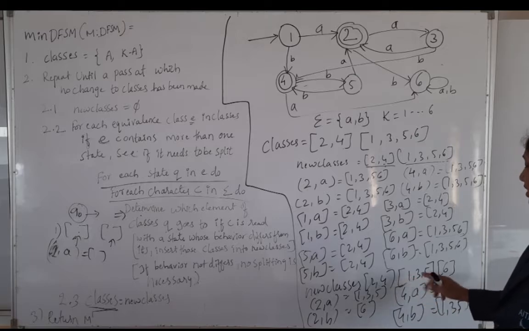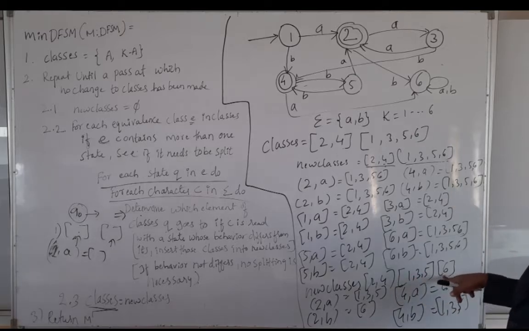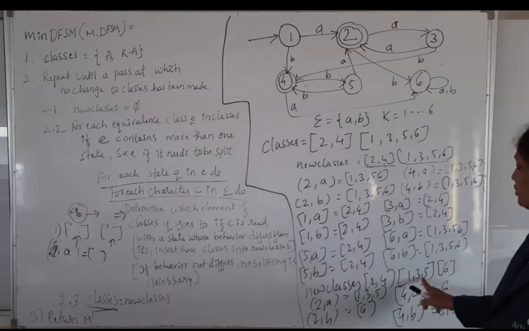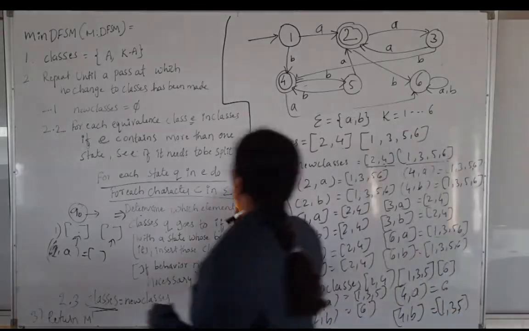Same you do for 1 3 5. See, 6 I can't check because it is a single state. But here I should check, shall I split 1 3 5 based on the transitions. So 2 and 4 is checked. Next I should check what? 1 3 5.